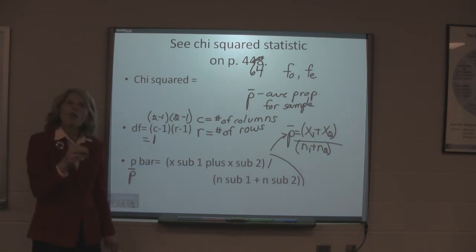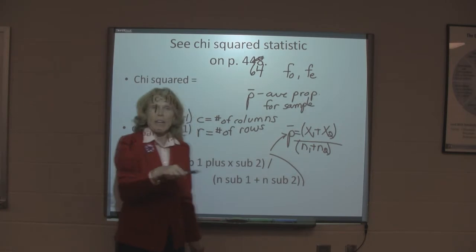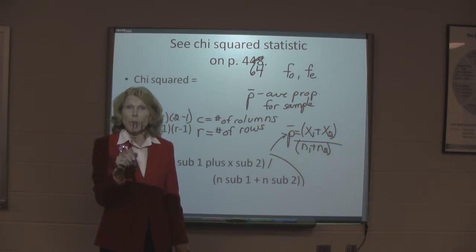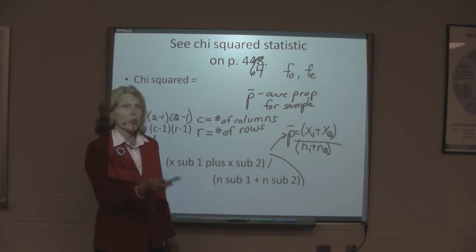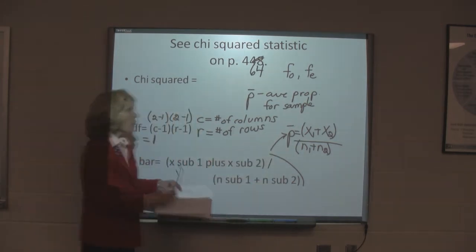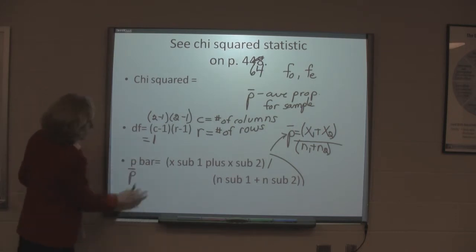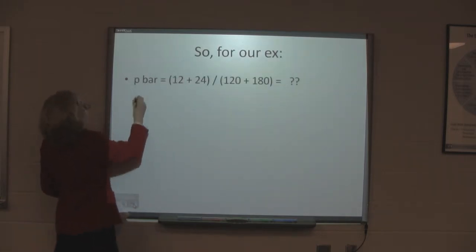Now, recall from a couple slides ago that the x's are the left-handed. So x sub 1 was 12, that was the number of left-handed females. X sub 2 was 24, the number of left-handed males. So we're going to take 12 plus 24 in the numerator and divide by the total sample size.